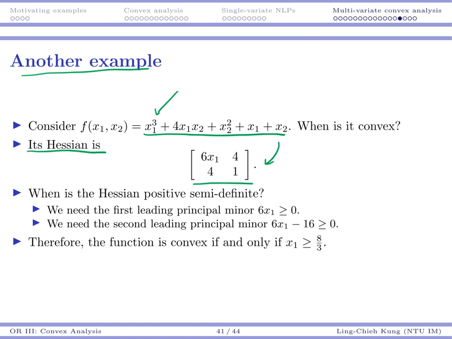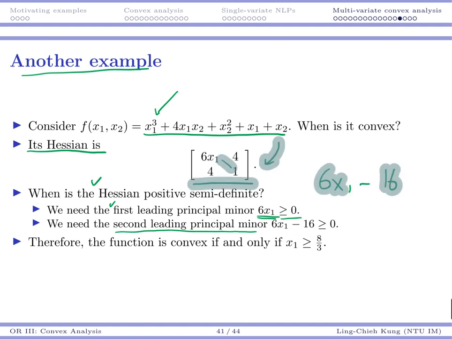And then let's see whether the Hessian matrix is positive semi-definite. Let's say I want to use the leading principal minors. The first leading principal minor is 6x1. I need that to be non-negative. I also have the second leading principal minor, which is 6x1 minus 16. That's the second determinant.